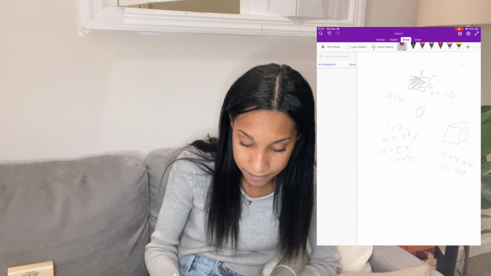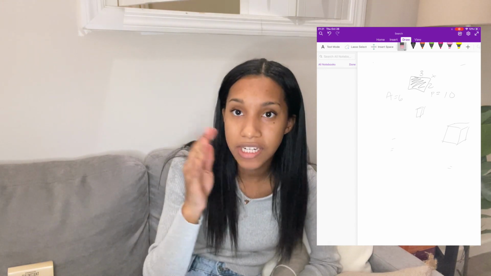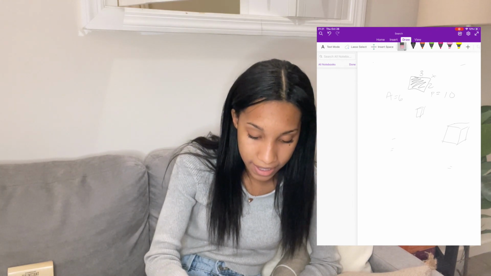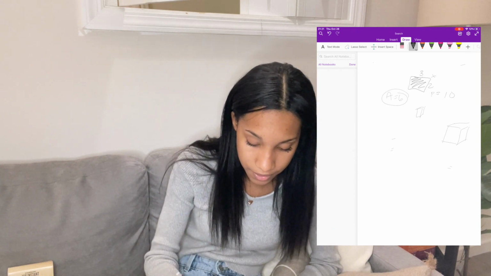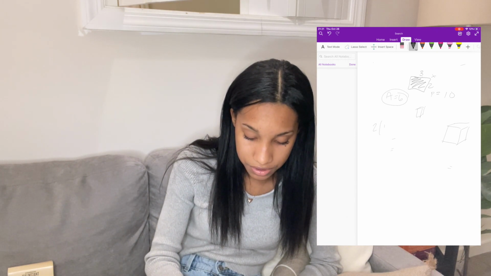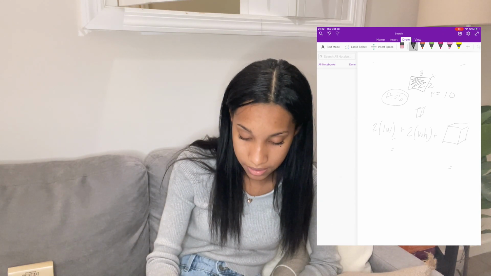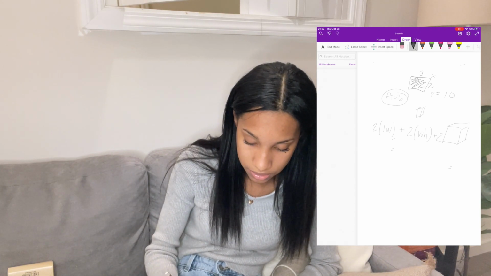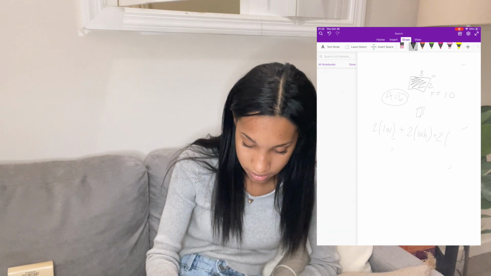For surface area, you're finding the area of each individual side and adding them all up together. So going back to our rectangular prism example, you're going to be doing 2LW plus 2WH plus 2LH.